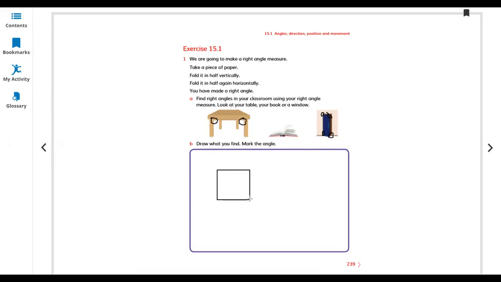For example, this is a window, a door, and then you can find here different angles, right angles on the corners.